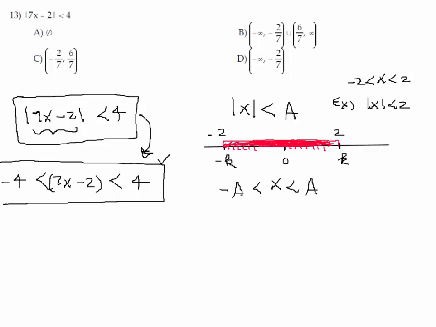Well, you understand this example, though, right? I put 2, to make it easier. Do you follow this example? Absolute value of x is less than 2 means all the numbers that are less than 2 units away from 0. So what are the numbers that are less than 2 units away from 0?